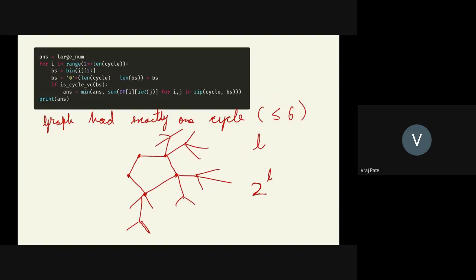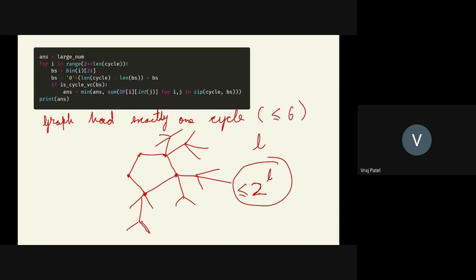For some of these, only this vertex is covered and all the other vertices are uncovered. This is not a vertex cover for this cycle. But this is a vertex cover of the cycle, and this is also a vertex cover. So at max, there are 2 power L possibilities of how this cycle can be covered.